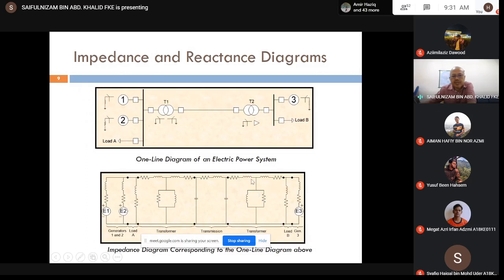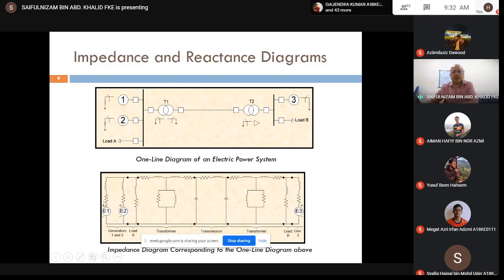This is the primary quantities, this is the magnetizing circuit, and this is the secondary quantities. And this is load B, the passive element, consisting of the resistor in series with the inductance. The last one is the synchronous generator G3, represented by the voltage source in series with the resistance and the inductance.